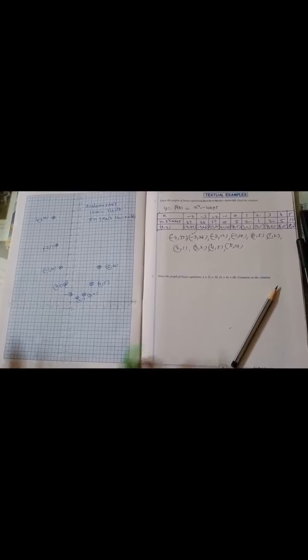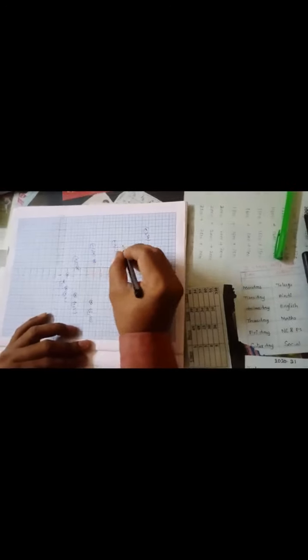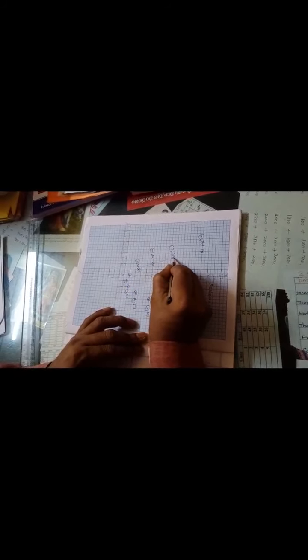Now join all these points. Take a pencil. It is better to draw the parabola with a pencil. It's very important. Carefully join all the points, very carefully.